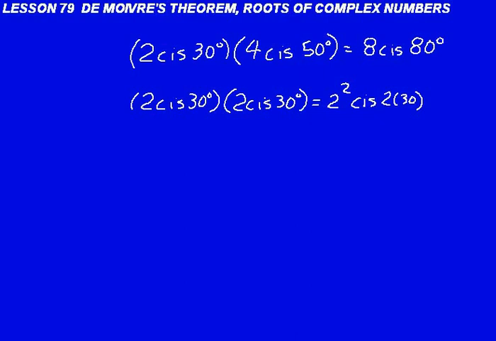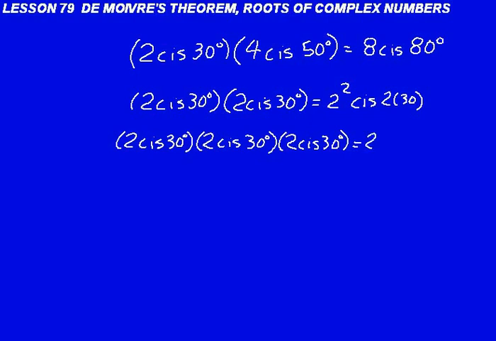Likewise, if we had 2 cis 30 times 2 cis 30 times another 2 cis 30, we'd end up with 2 times 2 times 2, or 2 cubed, cis of 3 times 30, or 90 degrees.